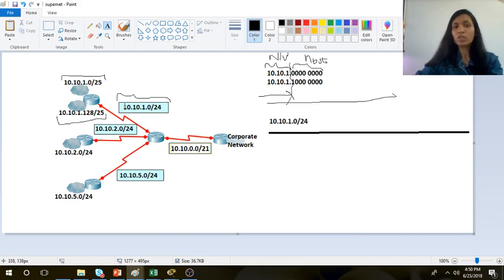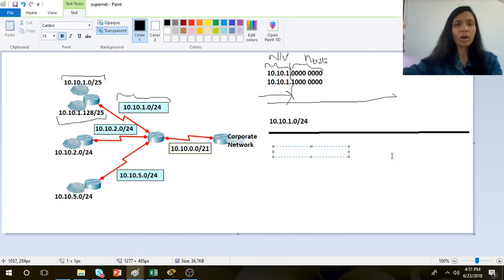So in order to supernet these 3 networks, you are going to write down these 3 network addresses. Okay, so here you will see which is the uncommon part. You have the 3rd octet which is not common, so you need to expand the uncommon octet. So 10.10.1 is 00000001.0.